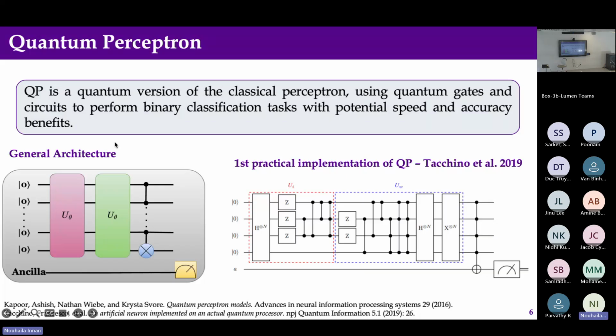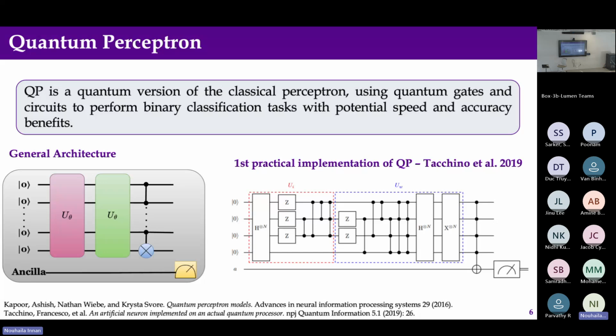Yes, and how it works is almost the same. We have quantum gates or unitary gates, U theta. Then we try to manipulate the input qubits. These gates apply unitary transformations to encode the data into quantum states.